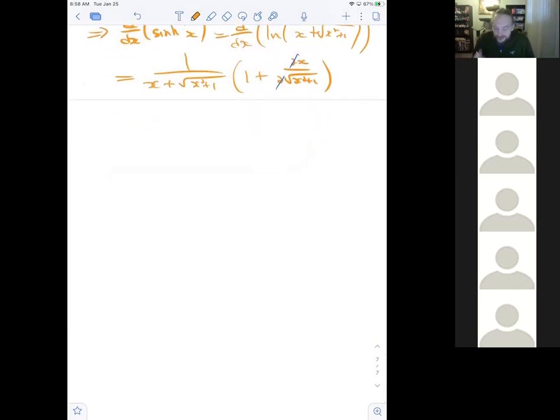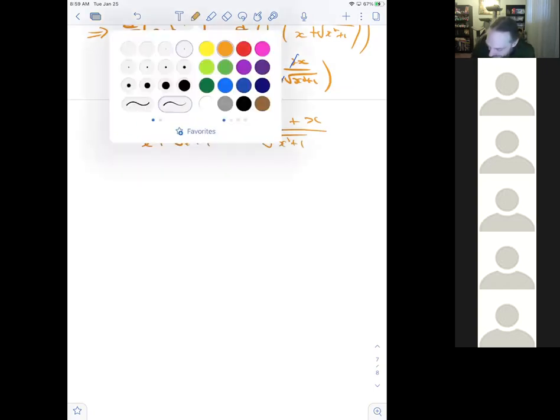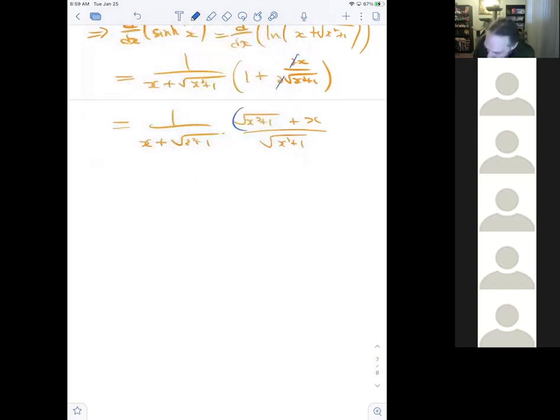Now I'm just going to simplify the derivative. This is equal to, what are we going to get? I'm going to get a common denominator. So this is x plus the square root of x squared plus 1 times now I have the square root of x squared plus 1 plus x over the square root of x squared plus 1. These two things cancel each other now, if you see.